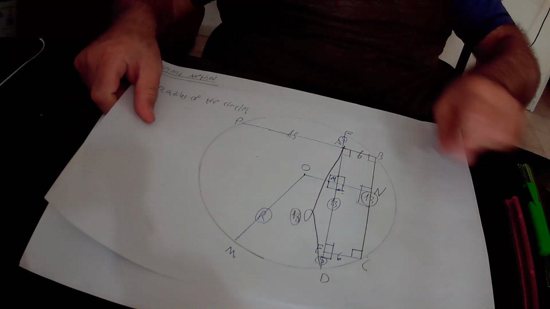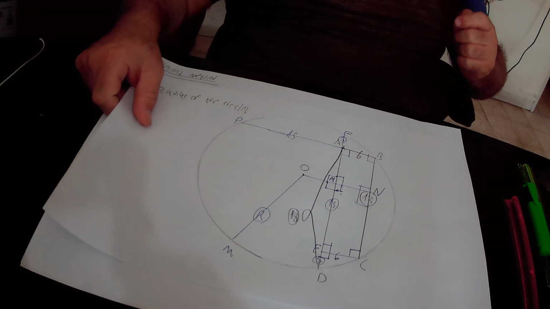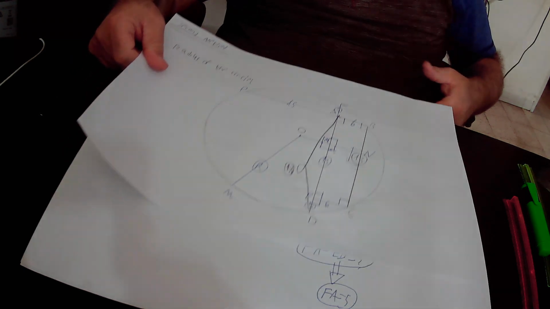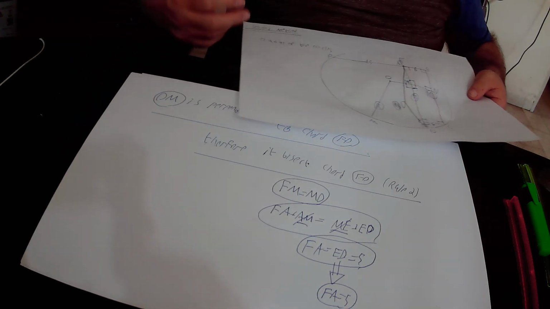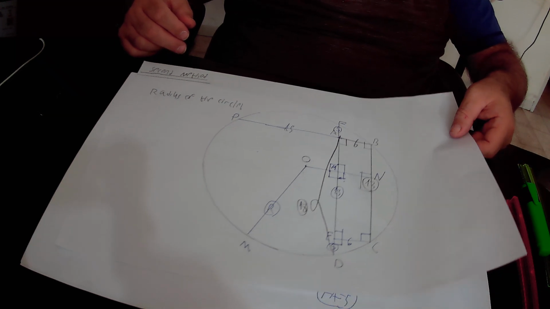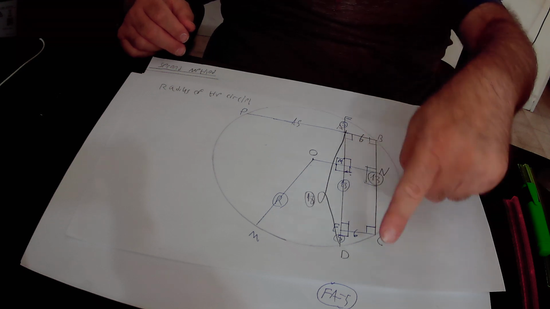Why? Because this angle equals 90 degrees and this angle equals 90 degrees. Therefore, OM is perpendicular to chord FD. Therefore, according to rule number 2, OM bisects chord FD. That is to say, FM equals MD.